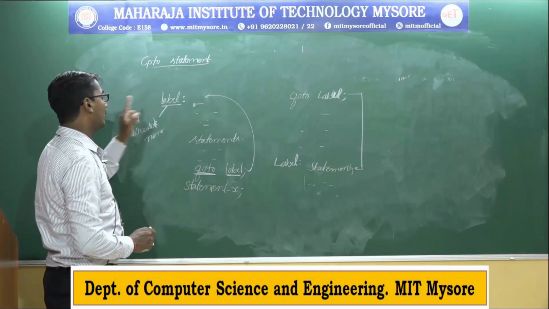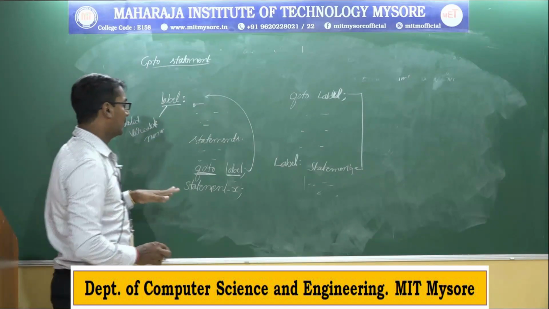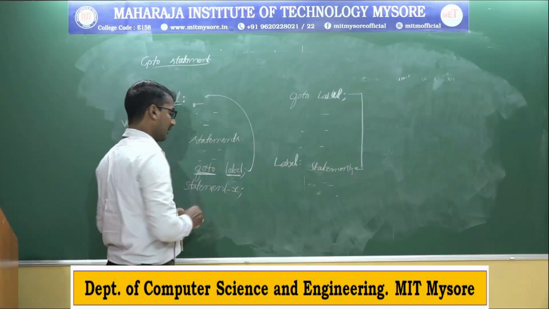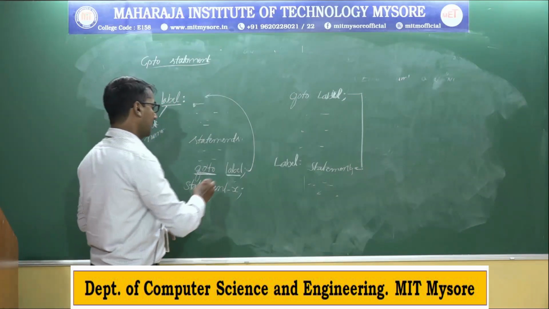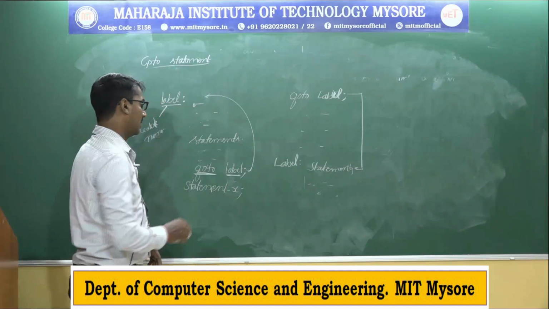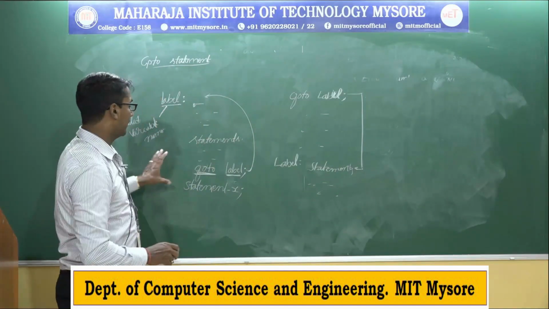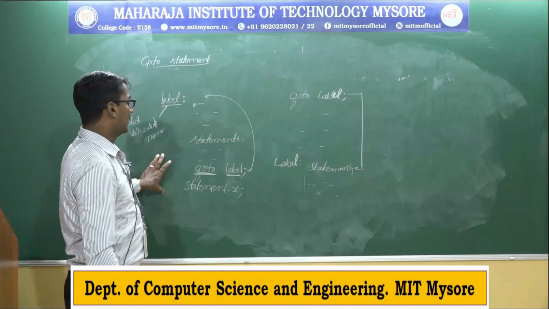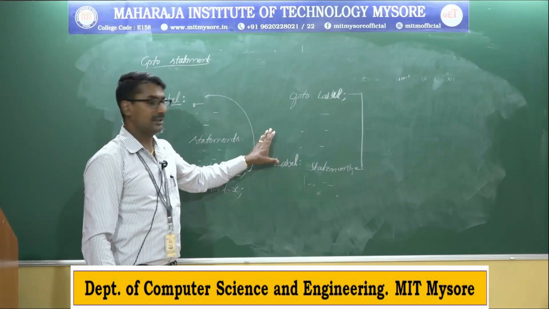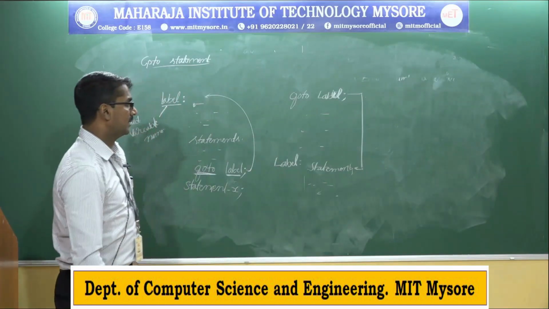Then goto is a small letter word, then the label followed by a semicolon. So once the goto statement occurs, the control is transferred to the label. This is the backward jump. This is a forward jump, so here control is transferred downward.